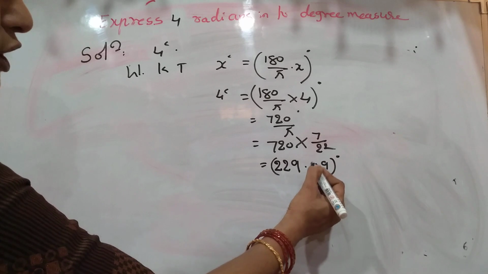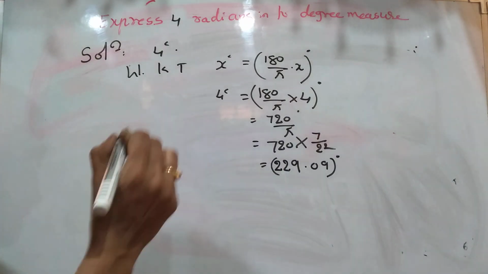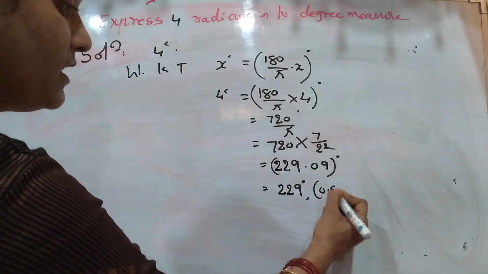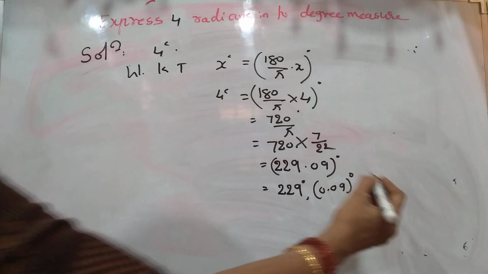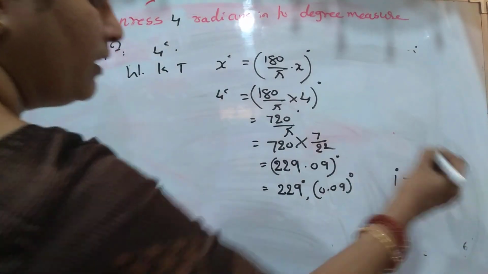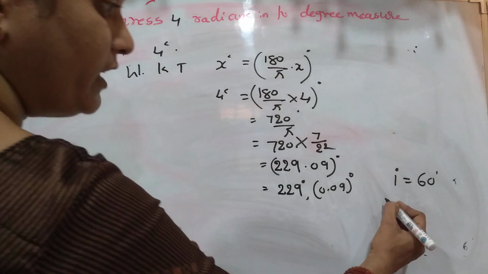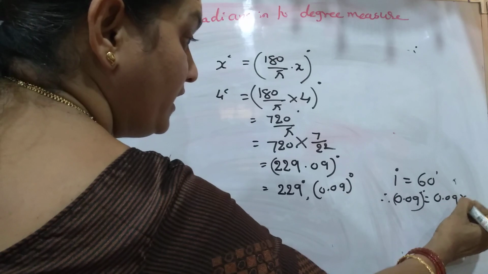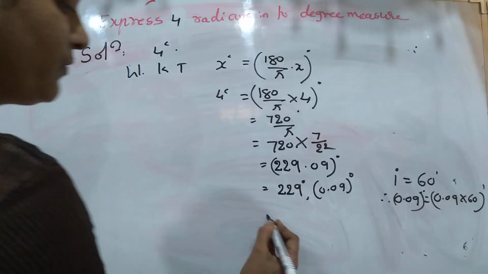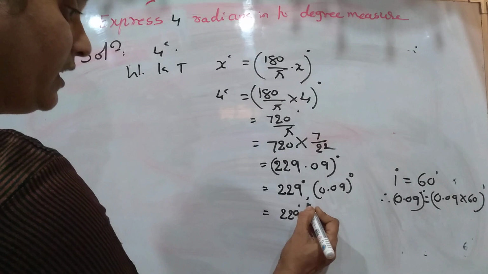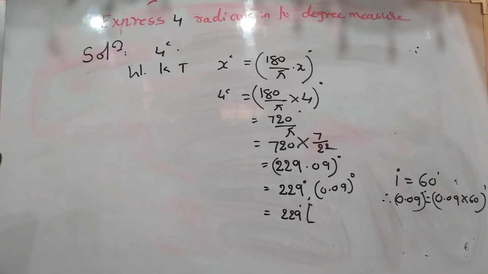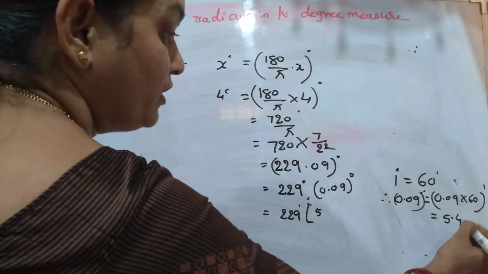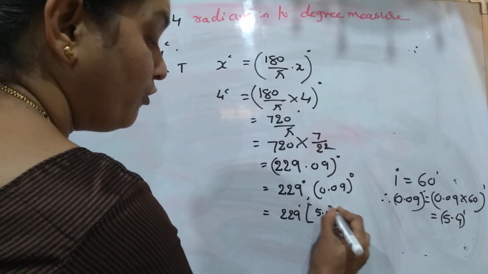Now, this fraction of a degree, we convert it into minutes and write. So for that I write it as 229 degrees, then 0.09 degree. You know, for a fraction of a degree, 1 degree is 60 minutes. Therefore, 0.09 degree can be written as 0.09 into 60 minutes, which becomes 5.4 minutes.